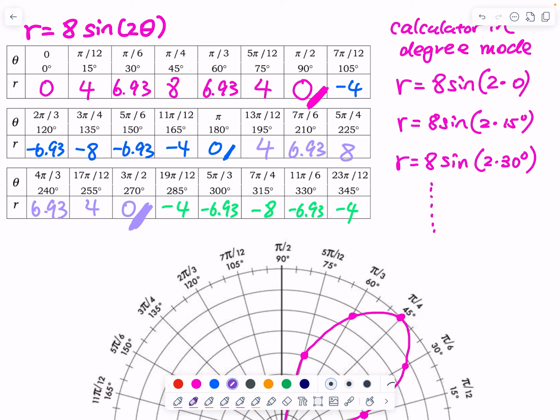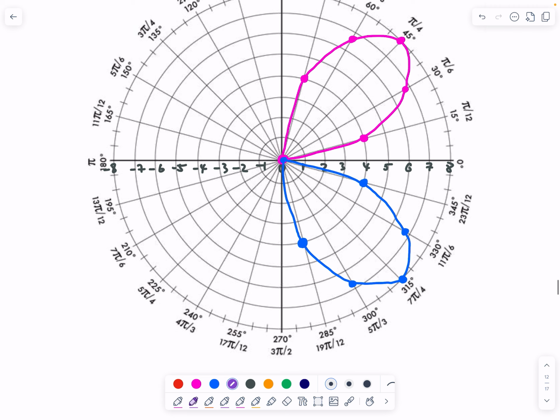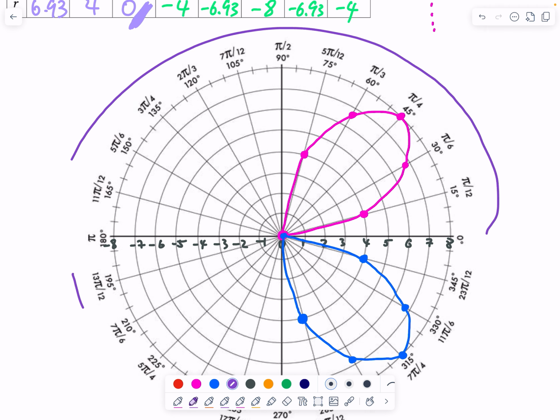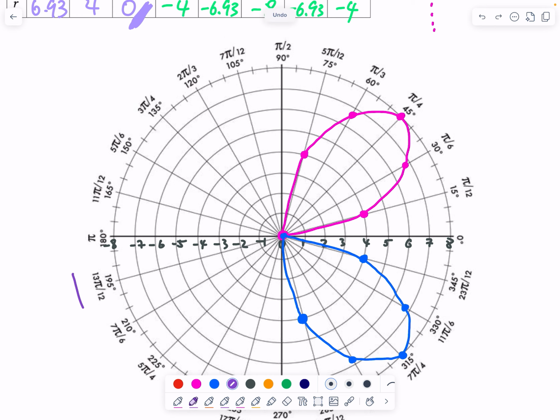And now let's do the purple. 195, 4. Where's 195? 195 is here. So you have to go a full half circle plus another step. And then we are having 4, right? Okay, 4. Then that is where we start, right here.